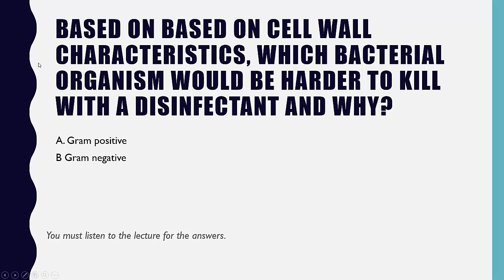Based on cell wall characteristics, which bacterial organism would be harder to kill with a disinfectant and why? Gram negatives. Why? A freakish outer protective membrane. That would be true with antibiotics too.